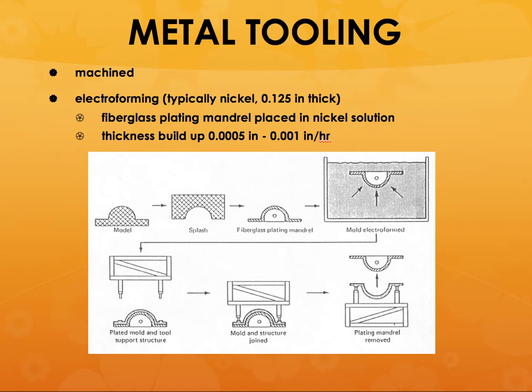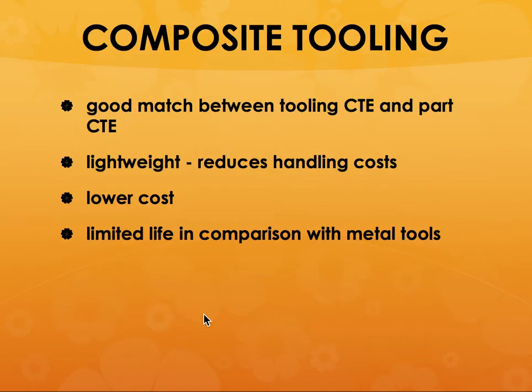So once the part is made, this is how it looks, and then you remove the plating mandrel, and it gives you a nice surface finish, but it's a very complicated way of making the tooling.